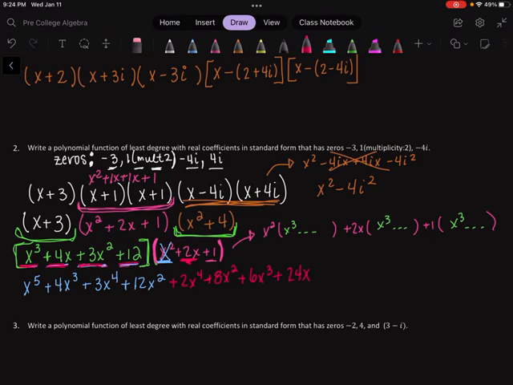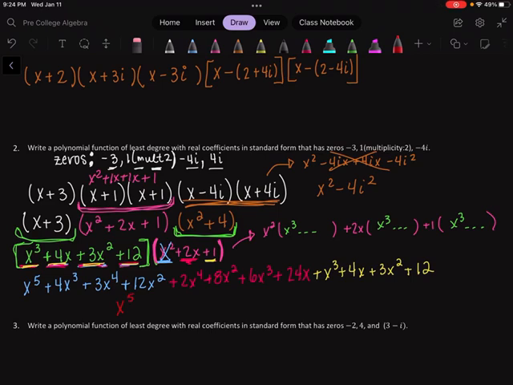And yes, I've got to do one more. This positive 1 times all of this, well, that's kind of nice. It's basically just adding on what's in green because it's times 1. Now I must combine like terms. What's really nice is that I already have x to the fifth out in front.